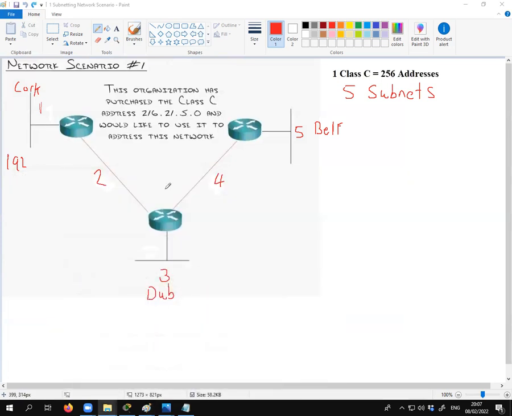Now, just before I do that, how do I know 216.21.5.0 is a class C?